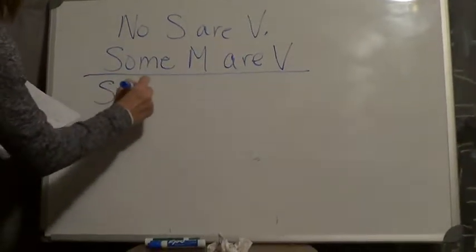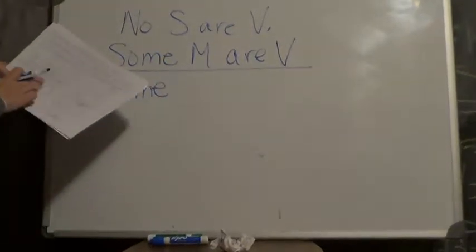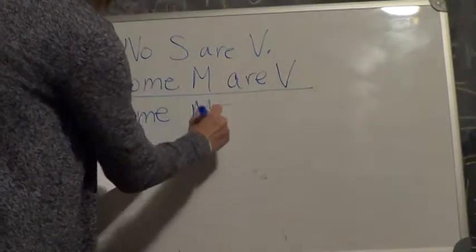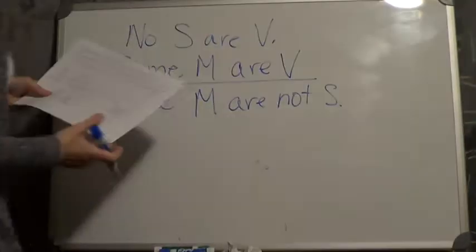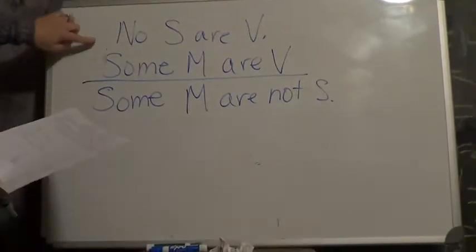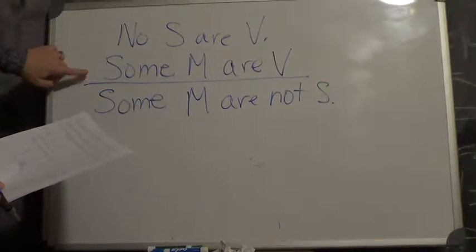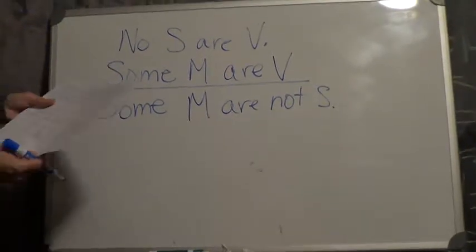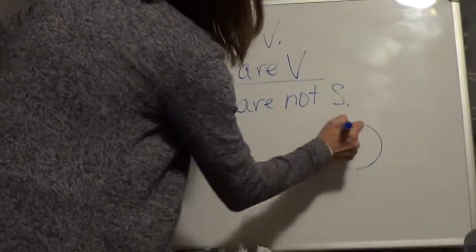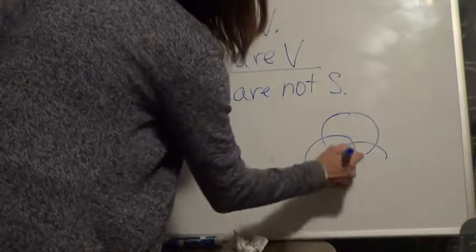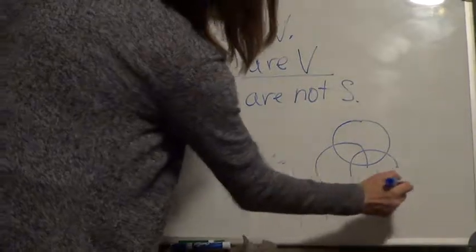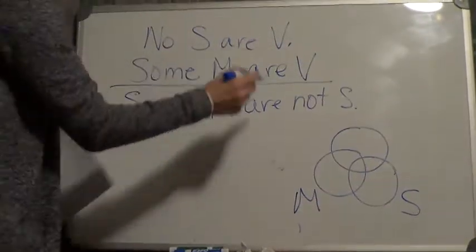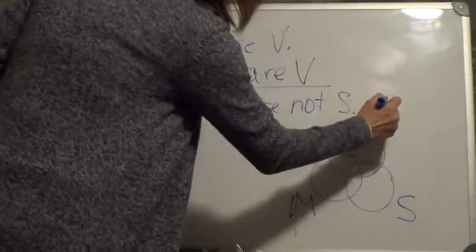Some M are not S. Okay, so I have no S or V, some M are V, some M are not S. And then we'll just diagram this one. Let's see, we have M and S down here, and then we have V as our third term up here.